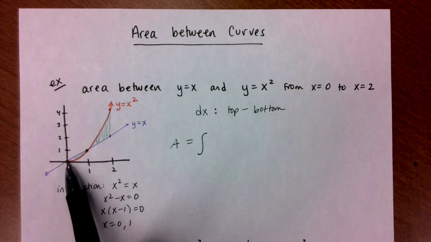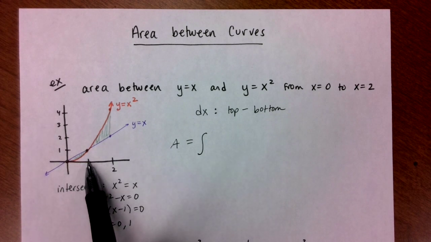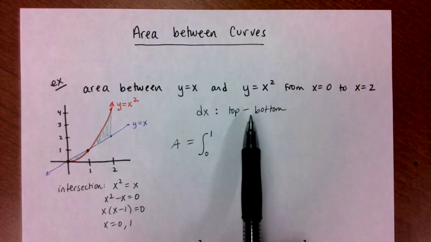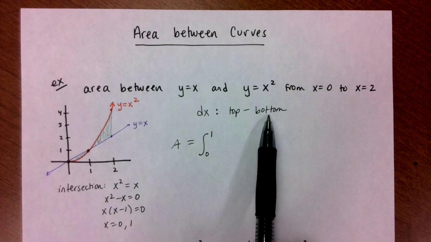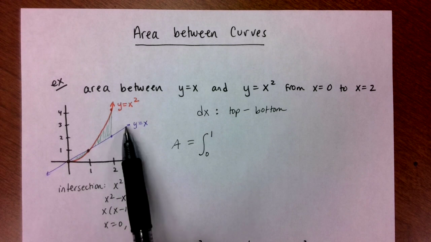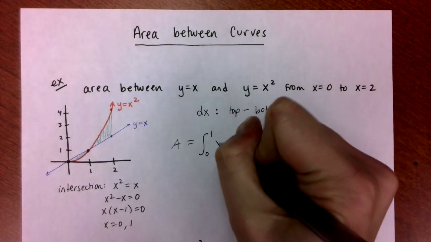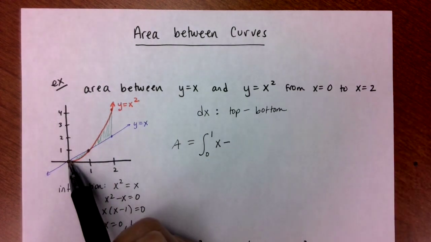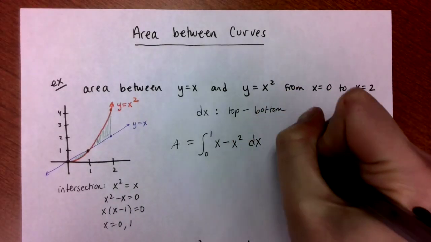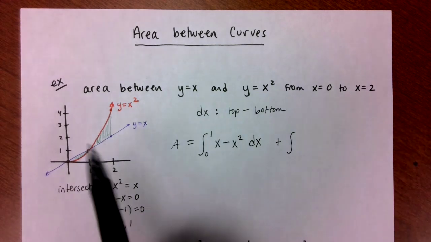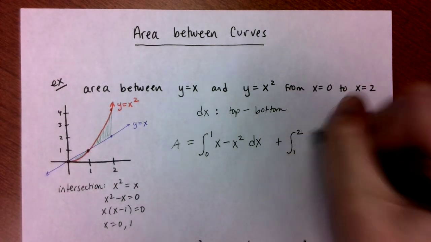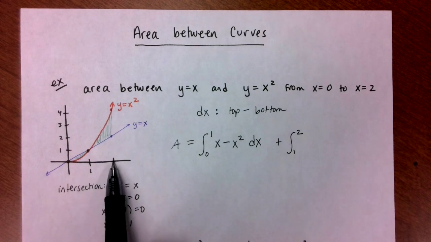The first one will integrate x equals 0 to 1. And I'm going to have my top formula minus the bottom formula with respect to x. So the top formula here is the blue line, that's y equals x, minus the bottom formula, which is x squared. And then we'll add the integral from 1 to 2. 1 and 2 are the x values that I'm covering.